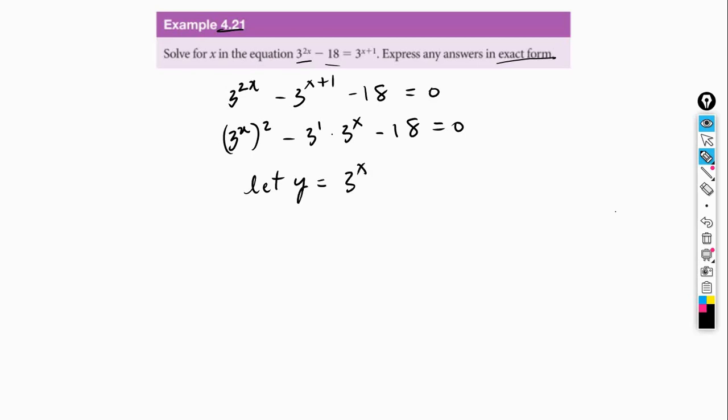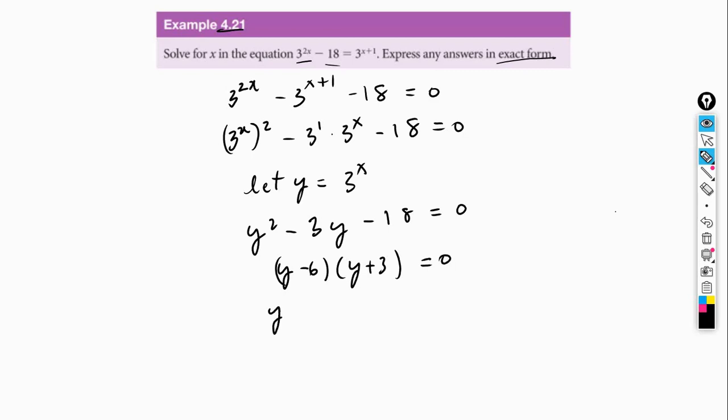So we can rewrite this equation as y squared minus 3y minus 18 is equal to 0. And then this is an easy quadratic to solve because it's going to be y minus 6 times y plus 3 is equal to 0. So y equals 6 or y equals negative 3.